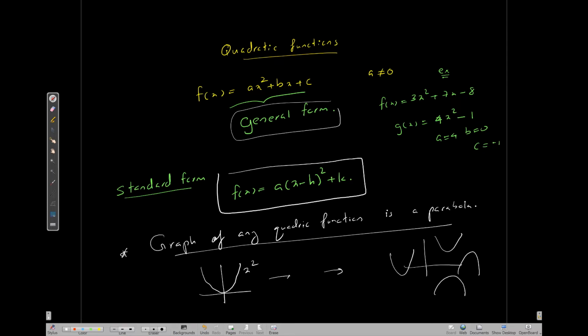You have seen some of those transformation techniques when we learned about graphs of basic functions.